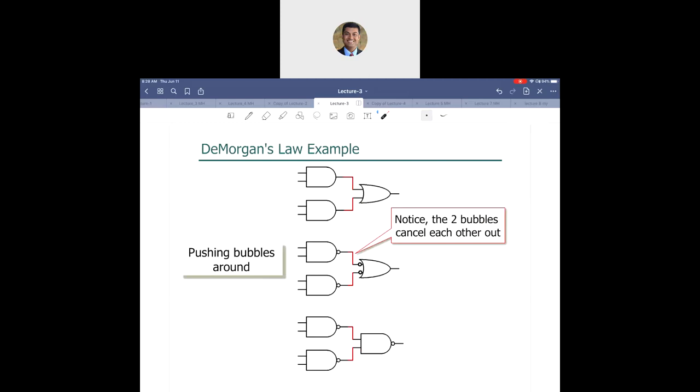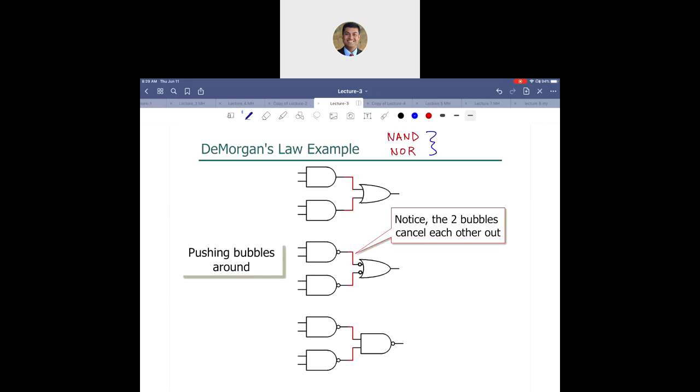We are going to be focusing on something called pushing bubbles around. So essentially, we are going towards a conversation about NAND and NOR gates, and the use of NAND and NOR gates is very effective because they use fewer transistors.